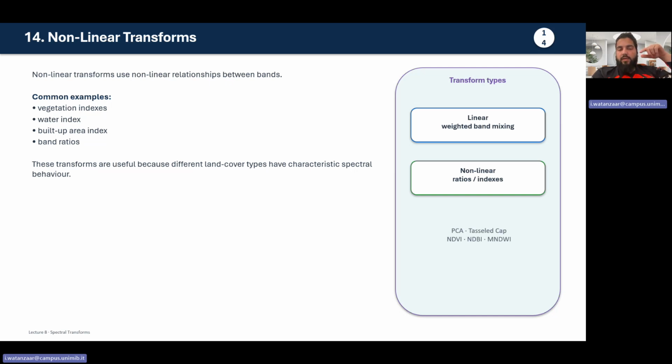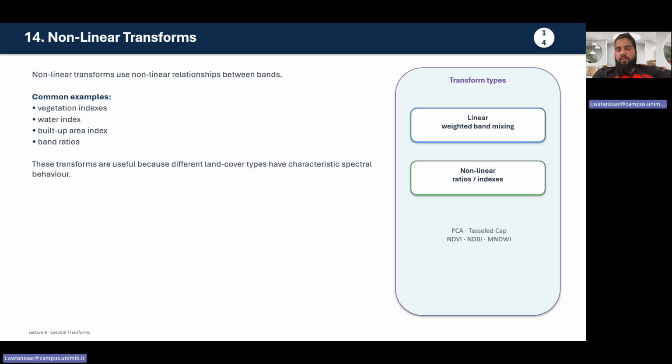Some common examples are vegetation index, water index, built-up area index, and band ratios. These transforms are useful because different land cover types have characteristic spectral behavior. The nonlinear transformation is really important because different land covers have different characteristic spectral behavior.